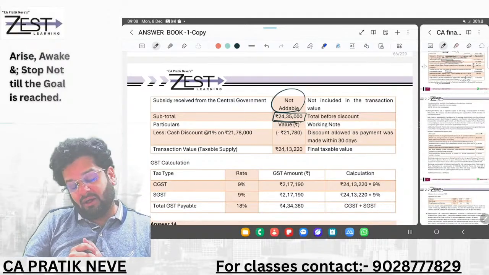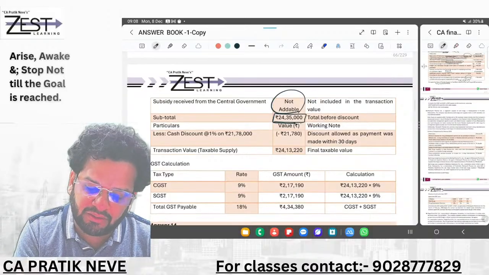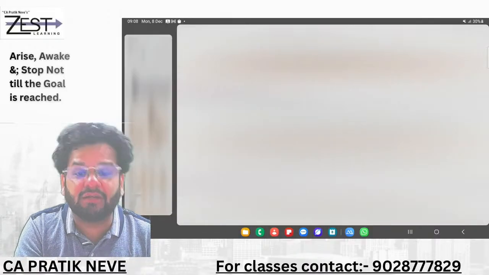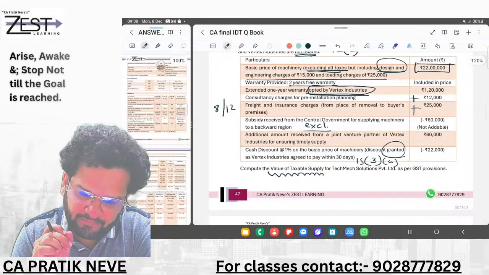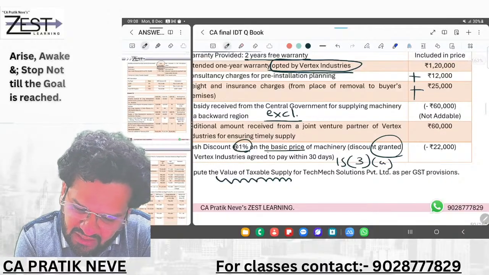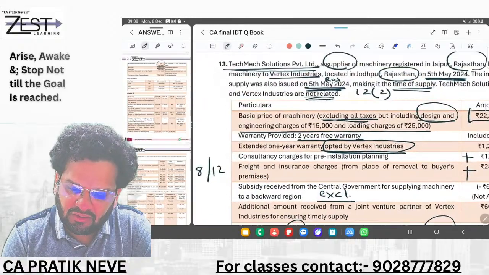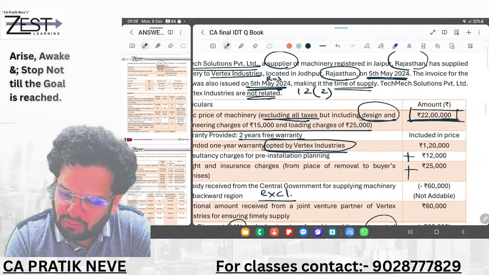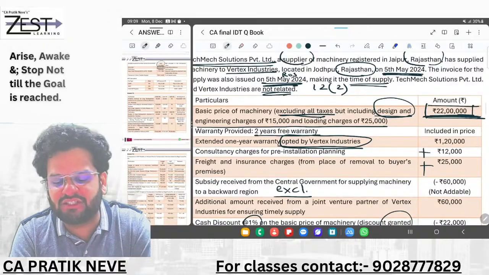Now one thing is critical, that discount was of 1% on basic price of machine. So that is a bit tricky point. Discount was 1% of basic price of machine. So yes, 22 lakhs is not basic price. It includes design and engineering charges and loading charges.